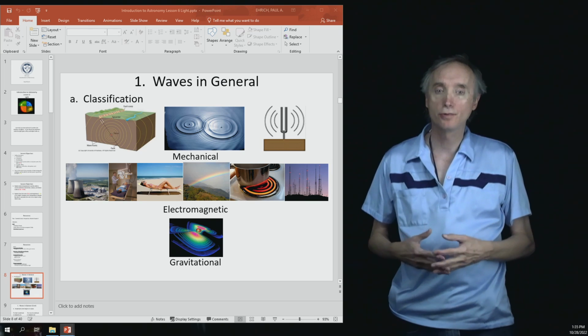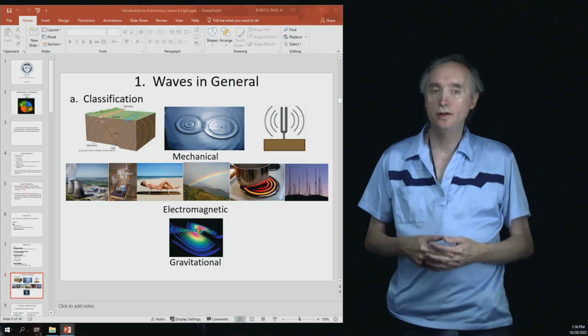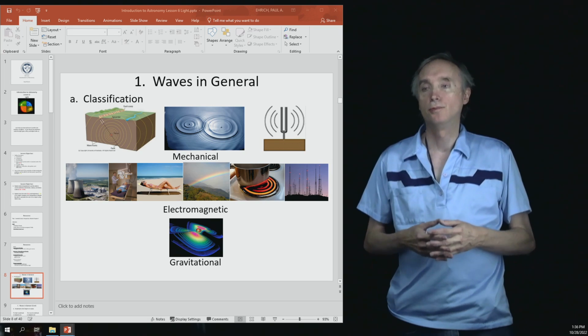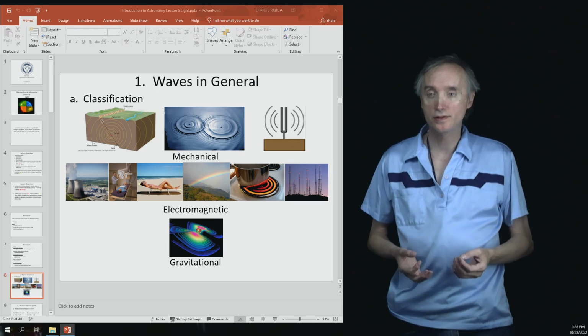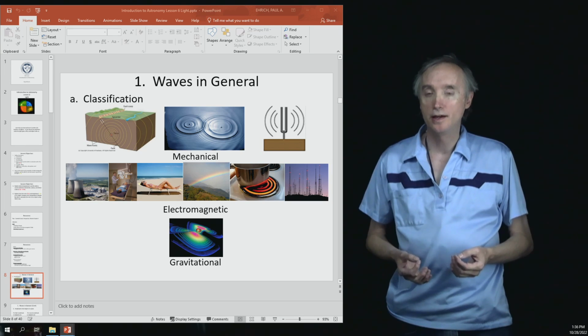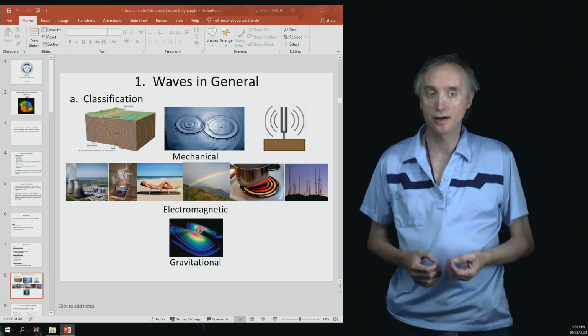Okay, then the third kind of wave, I'm just going to mention it: gravitational waves. If you recall, when we were talking about what gravity is, we said that gravity is really a distortion in space and time.